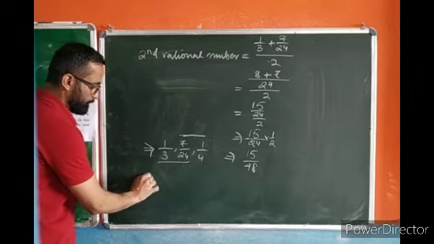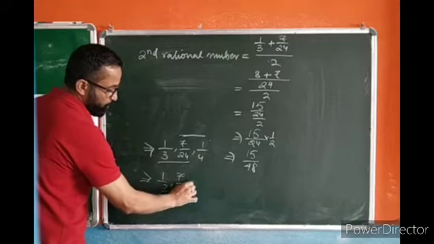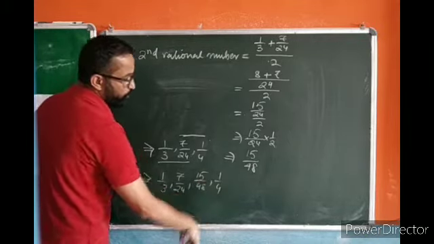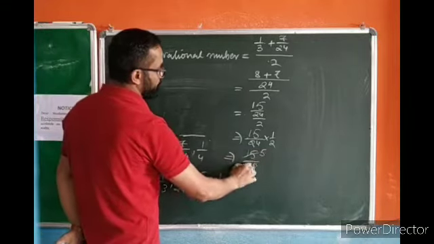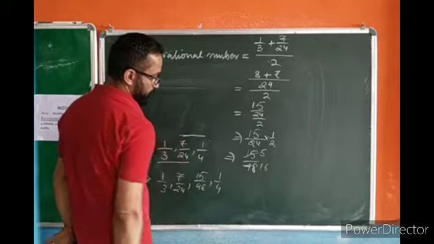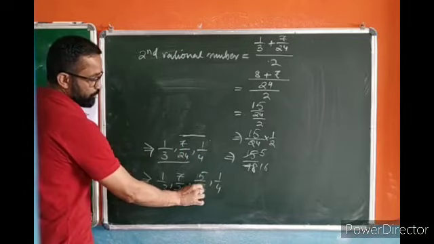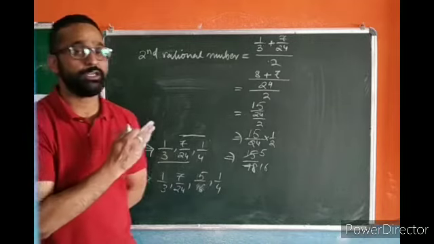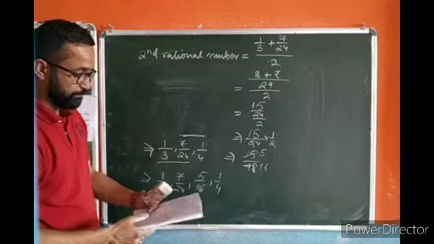So we write here 1/3, 7/24, 15/48, 1/4. You can cancel this, 3 times 5 is 15, 3 times 16 is 48, so 5/16. So these are two rational numbers we have inserted in between the given rational numbers.